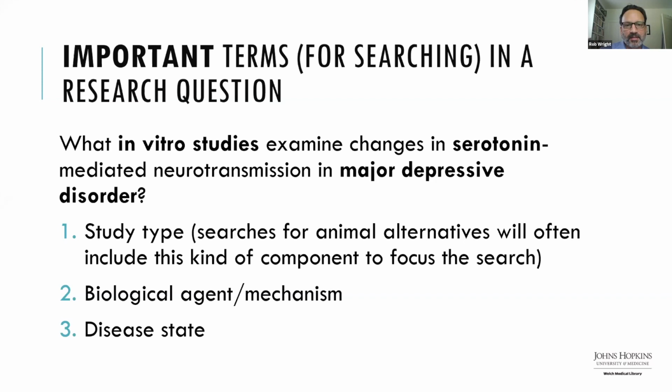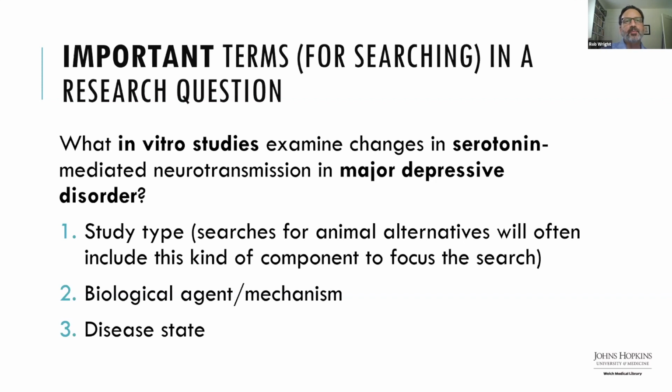What in vitro studies examine changes in serotonin-mediated neurotransmission in major depressive disorder? So this is our question. It's always nice to have this front of mind to make sure you're staying on track with your search strategy, that you're not veering off into territory that's not relevant.